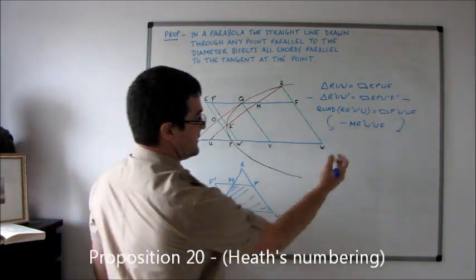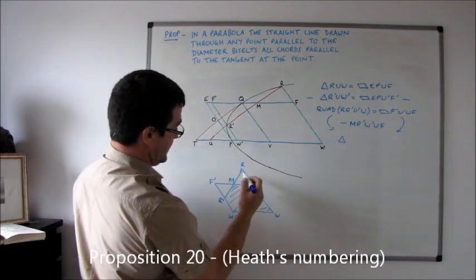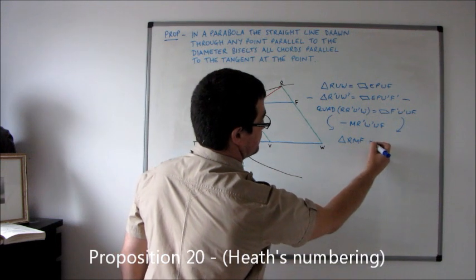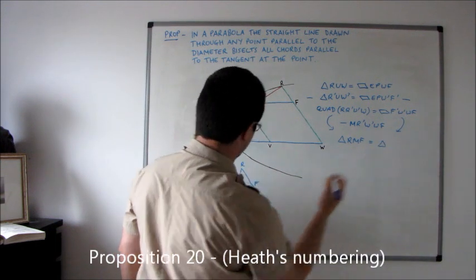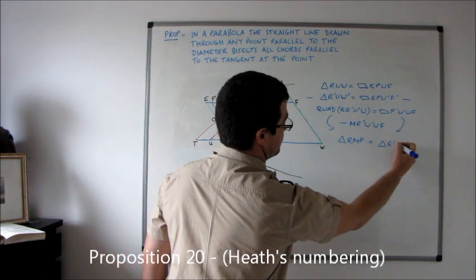So what I'm going to be left with in that case is here triangle RMF, and over here I'm going to be left with triangle R primed MF primed.